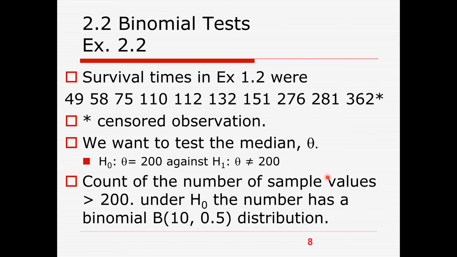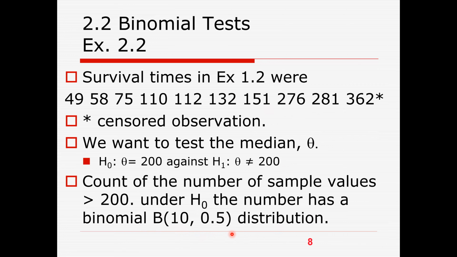For now, the probability of each outcome is 50%, either above 200 or not above 200. So this is a binomial test. N is 10, and 0.5 is the probability of each individual having a survival time over 200 months.